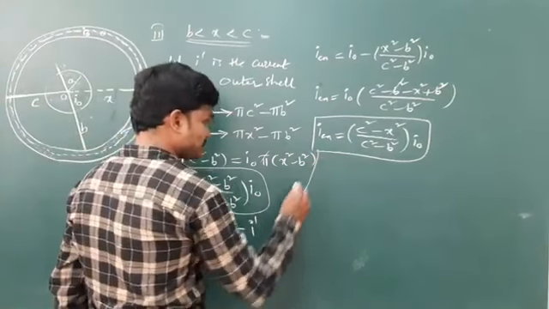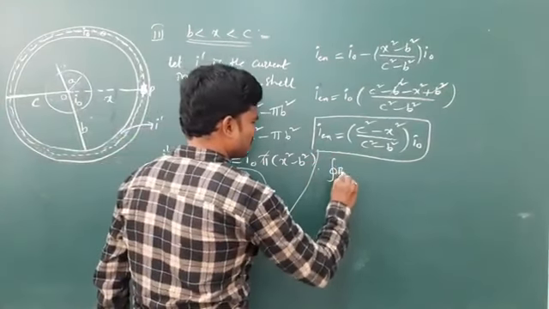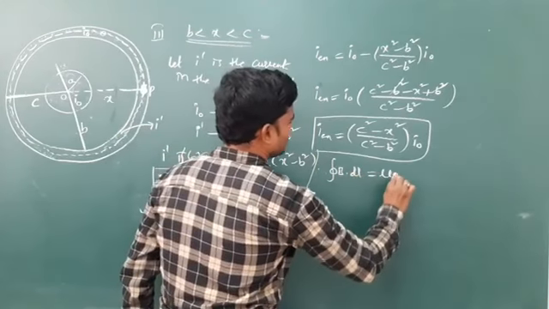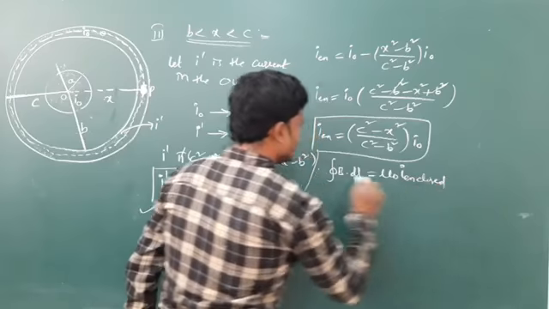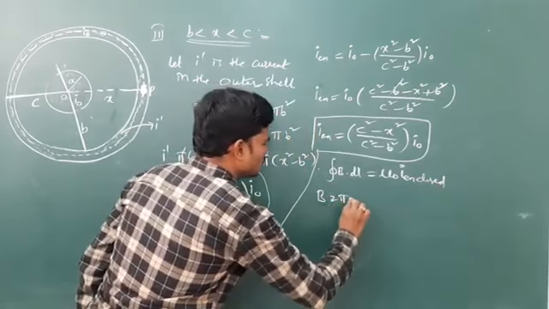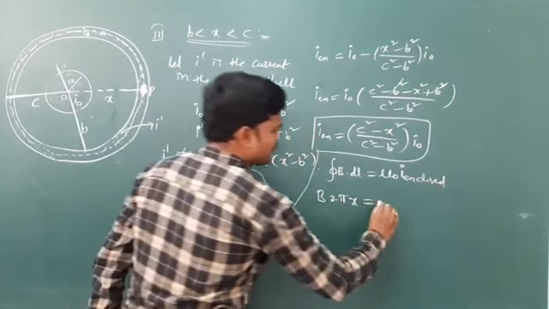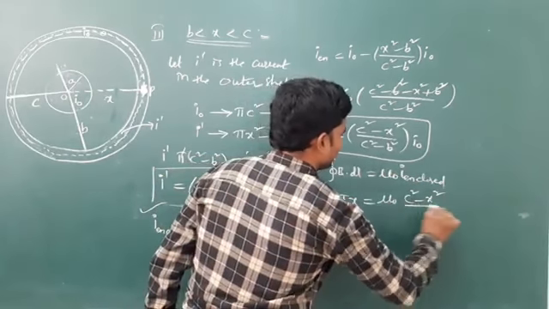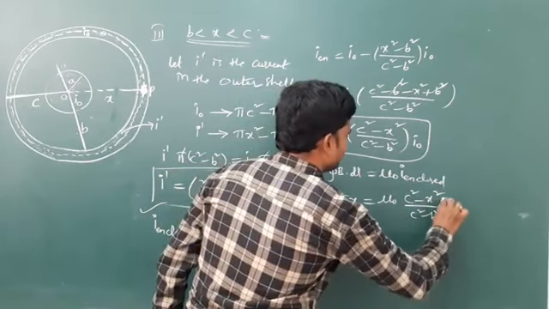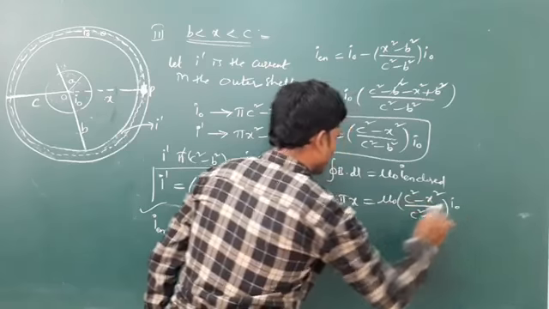And see, from Ampere's circuital law, the integral of B dot dl is equal to mu naught I enclosed. This can be written as B into 2 pi x equals mu naught times I enclosed, which is c square minus x square over c square minus b square, into I naught.